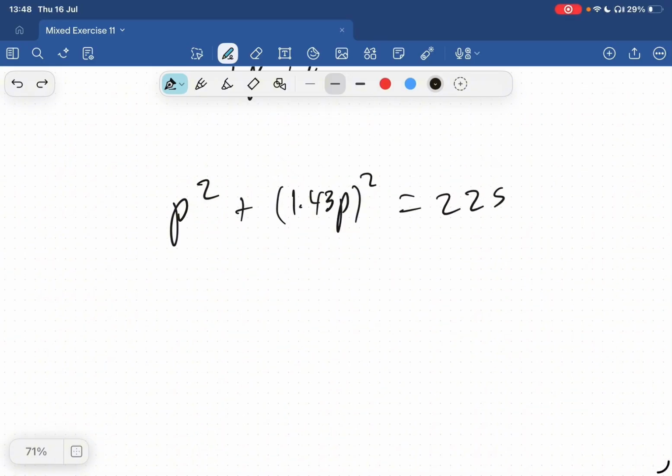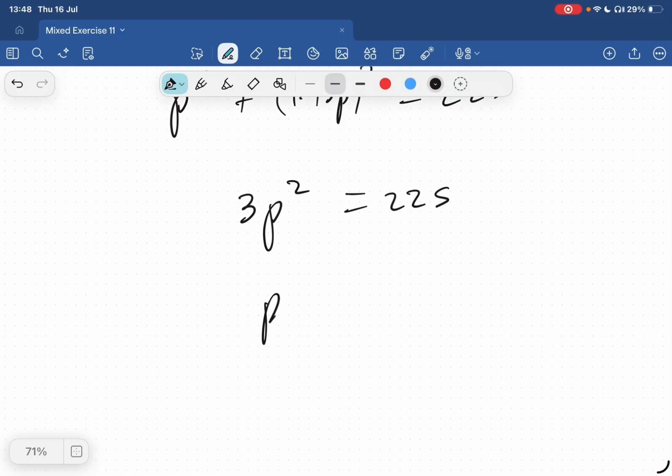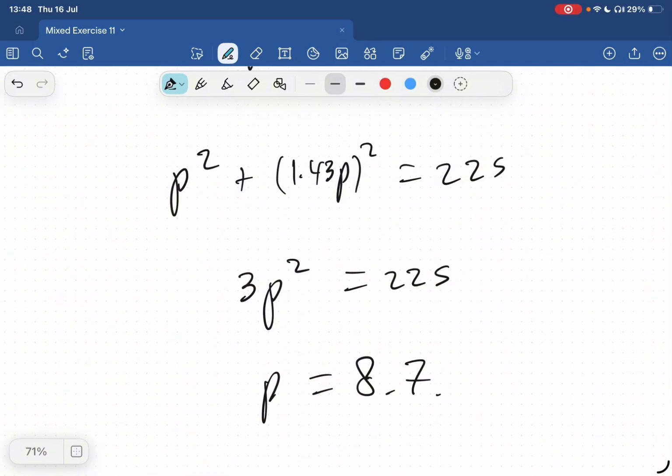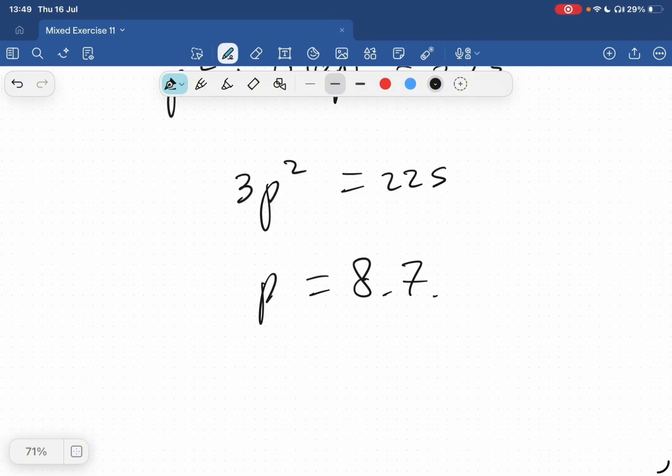That leaves us with 3P squared equals 225. Then 225 divided by 3, answer square rooted is going to leave us with P equals 8.66, 8.7. There are some rounding errors here, but this is the exact method.